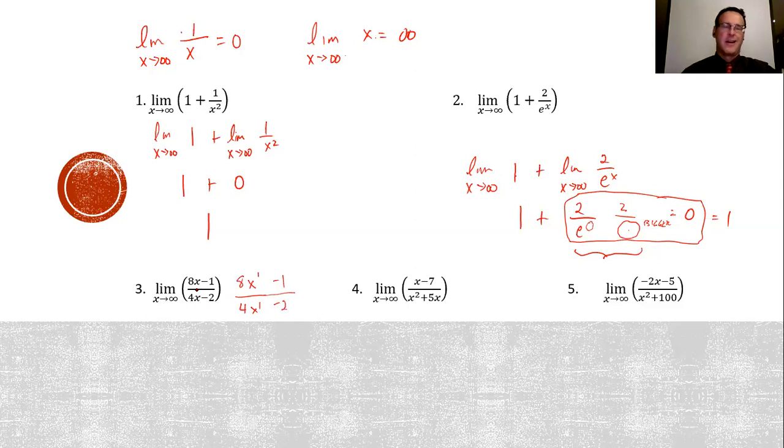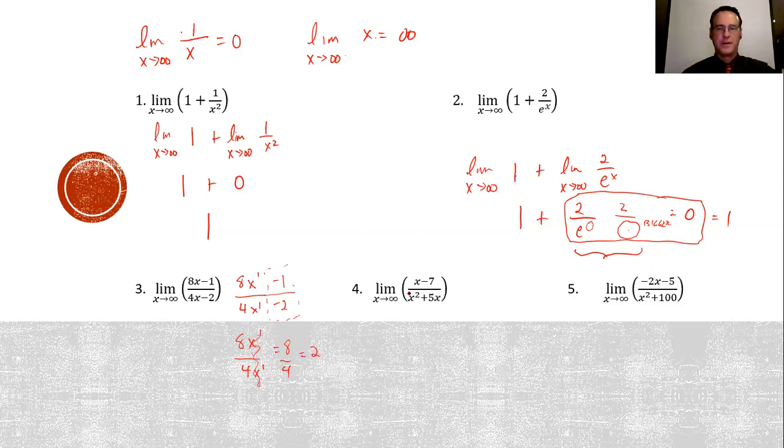As this gets super huge, these items in the back are somewhat meaningless; they play a very small role. So we just look at the 8x and the 4x, and since the powers are the same, the x's disappear and you're just left with 8 over 4, which in the end is 2.